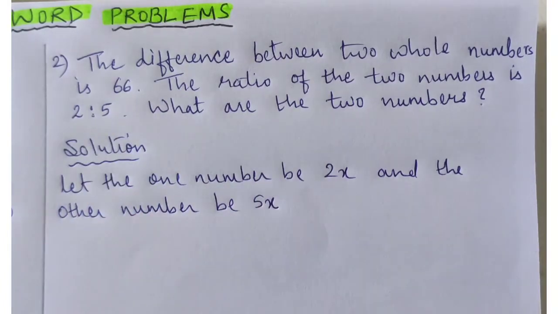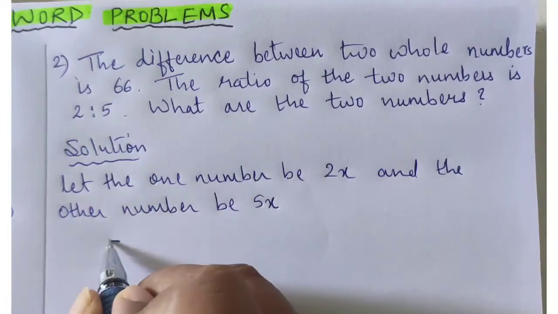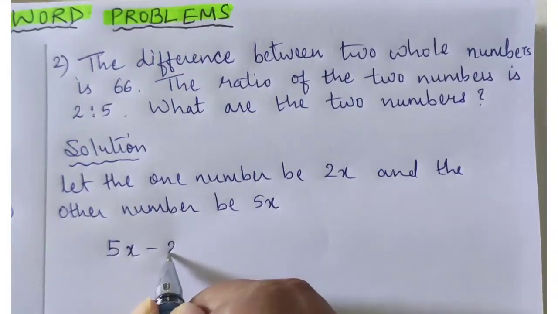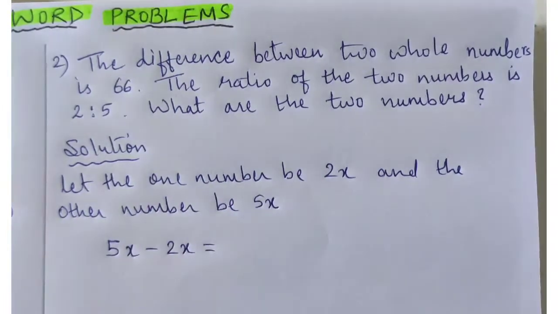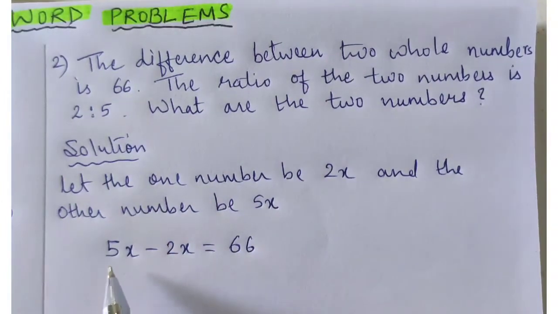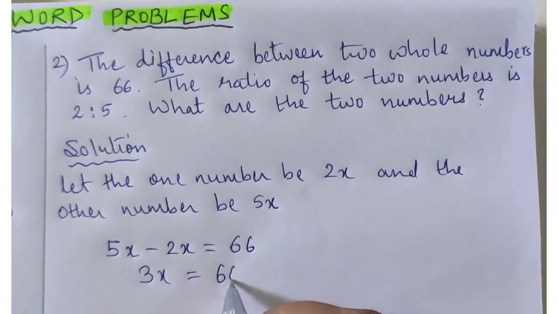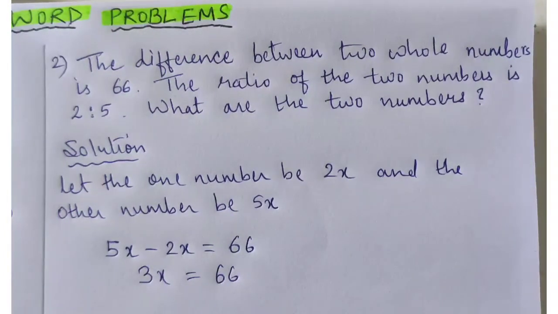So difference means we have to subtract both these numbers. So let us subtract the smaller number from the bigger one. So 5x minus 2x should be equal to 66. So 5x minus 2x, the answer will be 3x equals 66. I'm sure further you'll know how to solve to find the value of x. Can you do that?